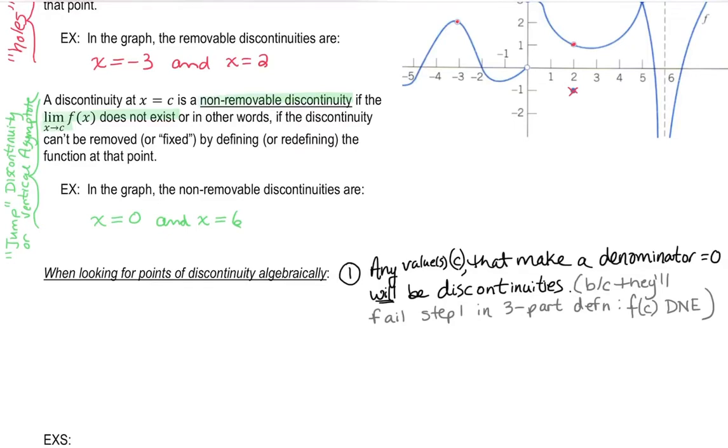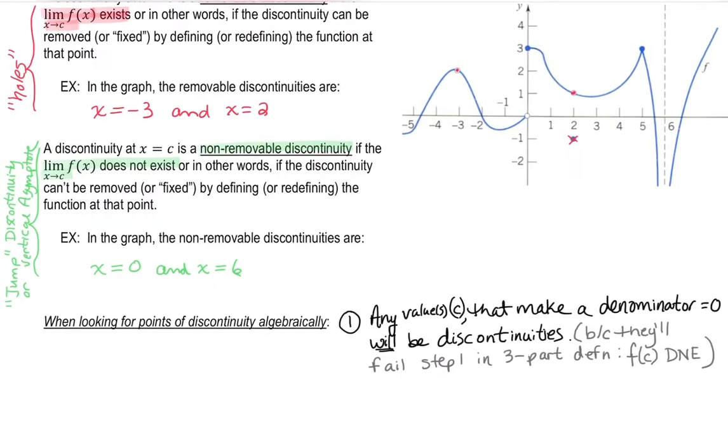Now, it's important to realize, and we saw this with our graph up here, that those could either be little holes in the graph, like if you look up above at f of -3, or they could be vertical asymptotes. So these could fall under the category of either removable or non-removable.